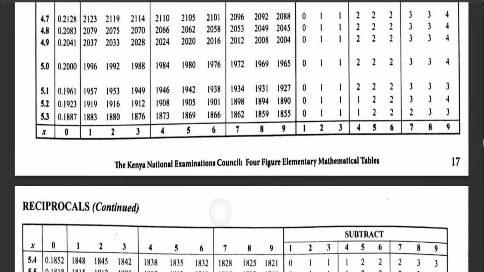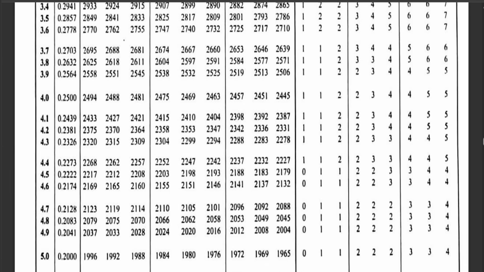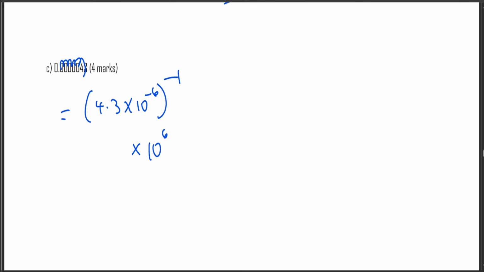Here, 4.3 is this one, 0.2326. So if you multiply by 10 power 6, it's going to give you 2326, and then add the other two zeros here, and that is our answer.